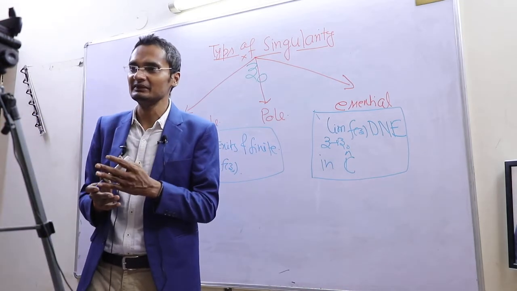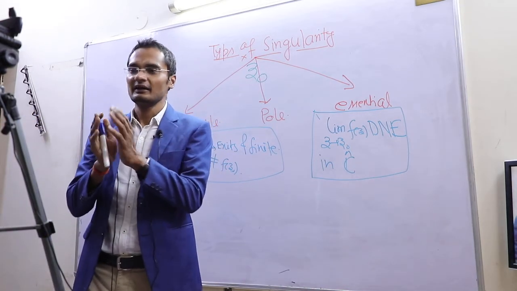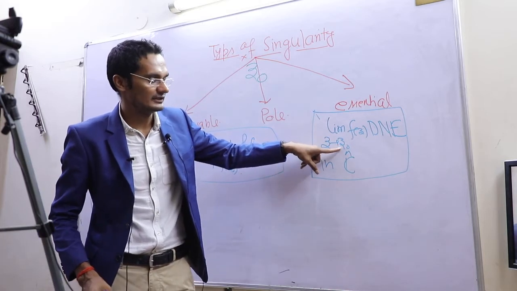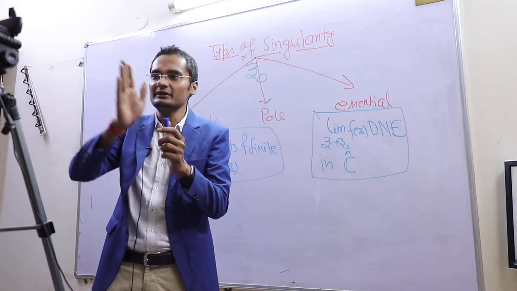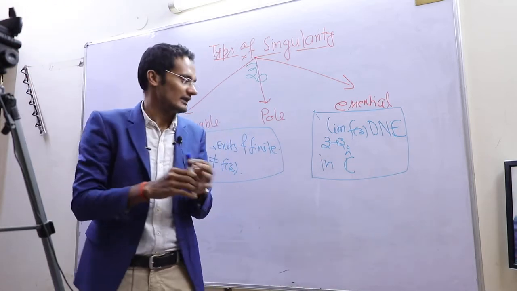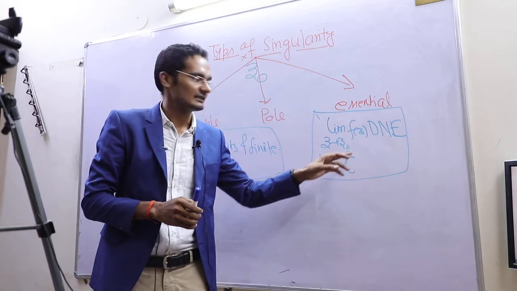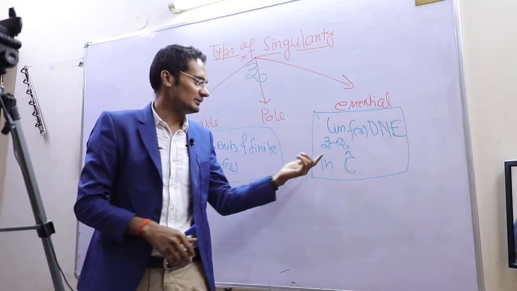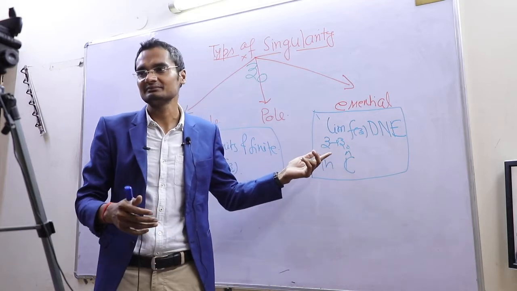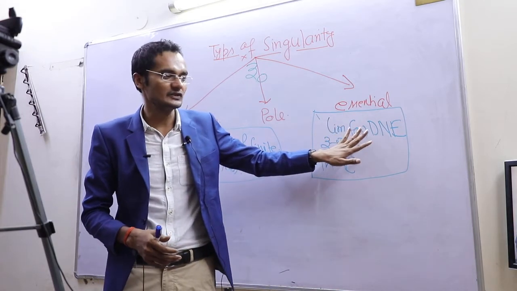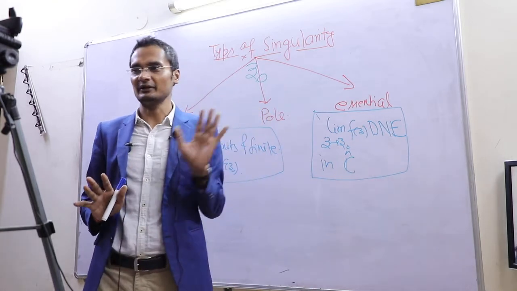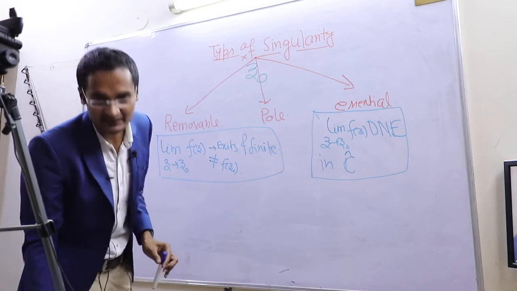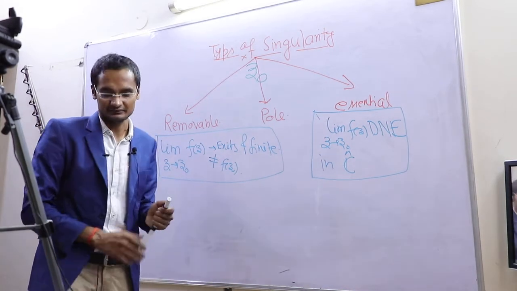What is the meaning of this? The meaning is very simple. If we start moving towards z naught in some direction, the limit is going to some point. If I take another path, our function tends to some other point. So, the limit is path dependent, and this limit does not exist in the extended complex plane. We say the function has an essential singularity at point z equal to z naught.